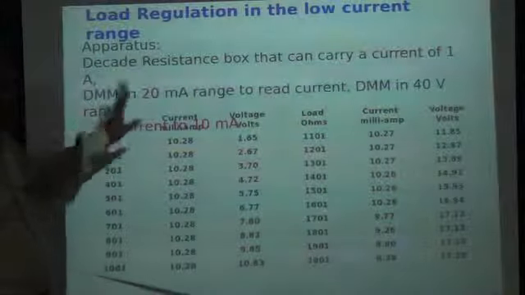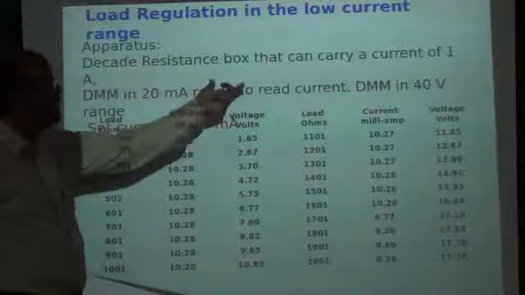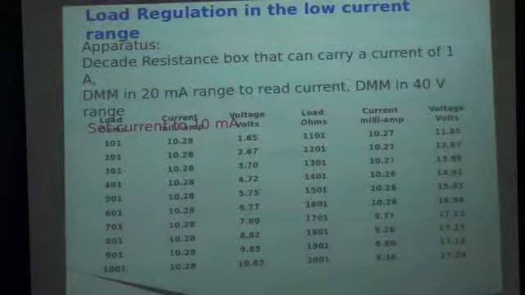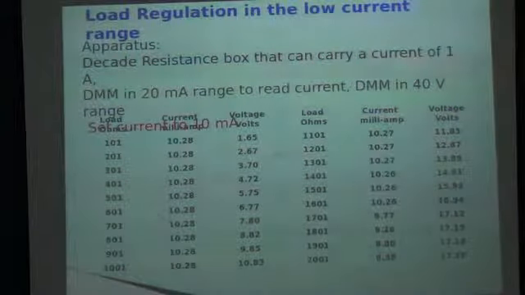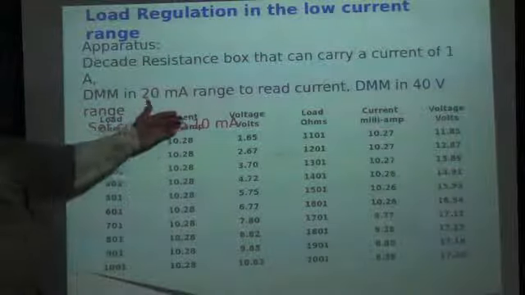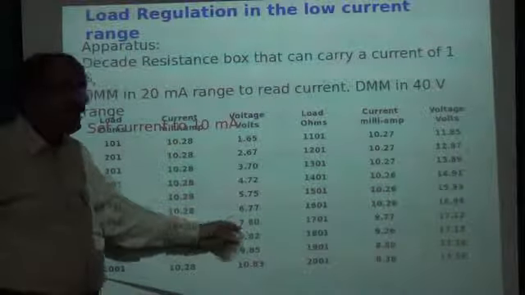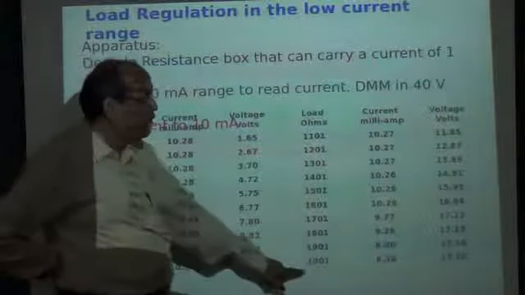We need 2 digital multimeters: 1 in the 20 milliampere range to read the current, and another to give us the voltage across the load resistance. Now we change the value of the load and record the current and the voltage. We have changed it here to 100, 200, 1000 and then up to 2000.